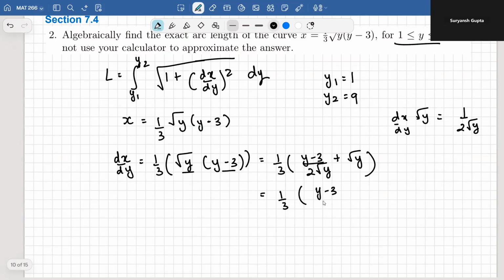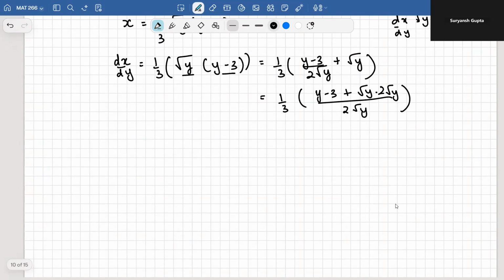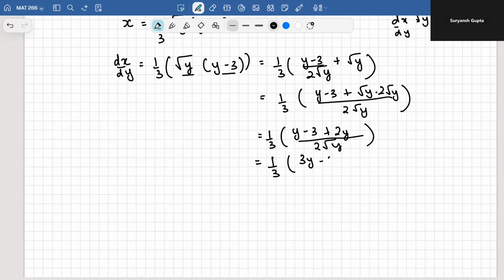All I'm doing is taking a common denominator, which ends up being 1 over 3, y minus 3, root y times root y is y, plus 2y over 2 root y. Simplifying it further, I get 3y minus 3 by 2 root y.